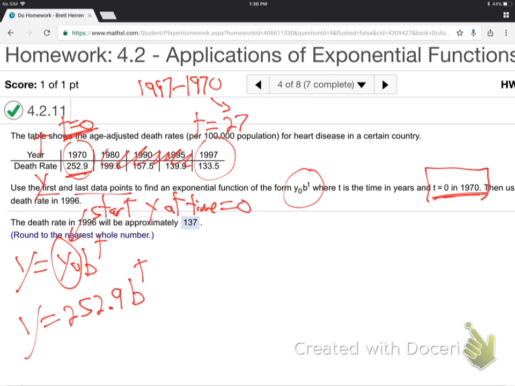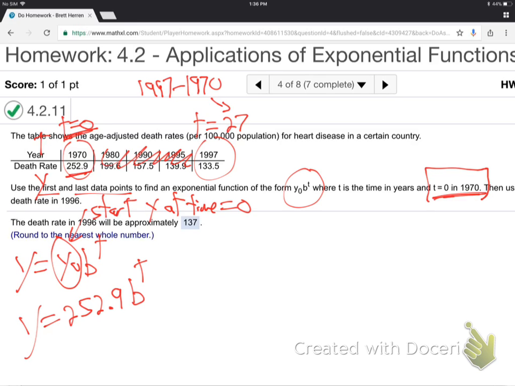So far, so good? So that's always what the Y sub 0 is. It's the initial starting time 0 value of whatever you're calculating. In this case, we're calculating death rate. We're basically showing how heart disease death rates are going down because of improved medical science over the years. Okay, so we got that.